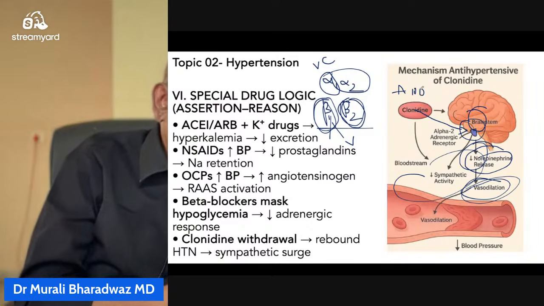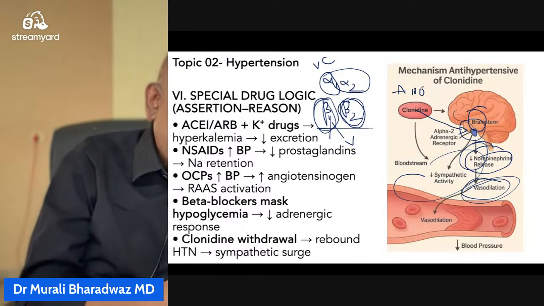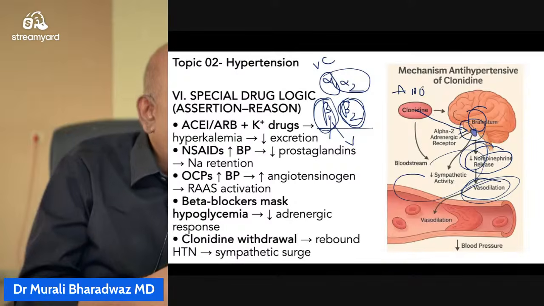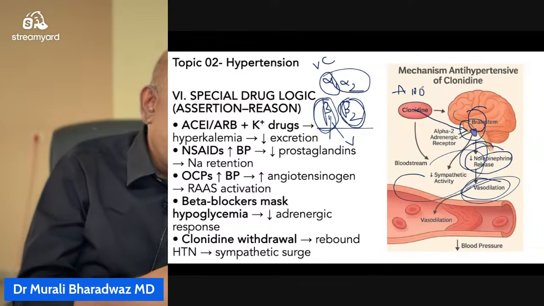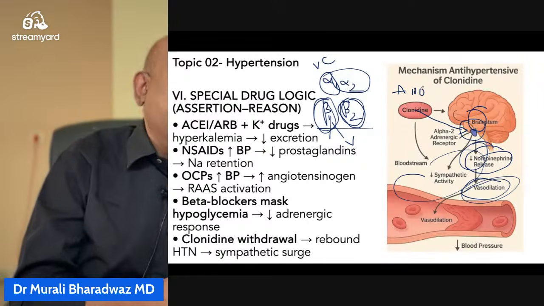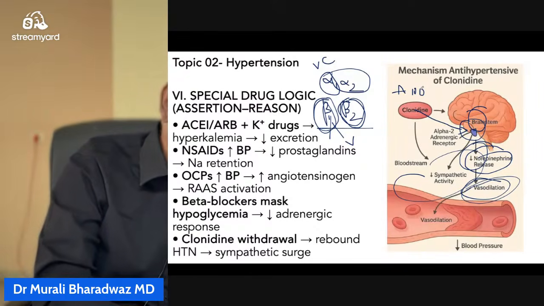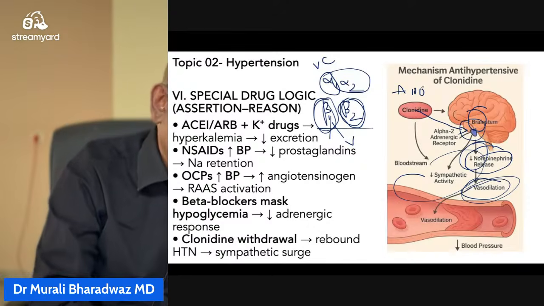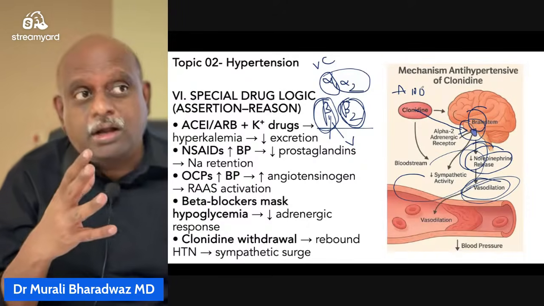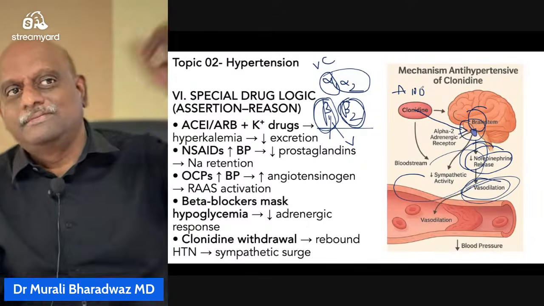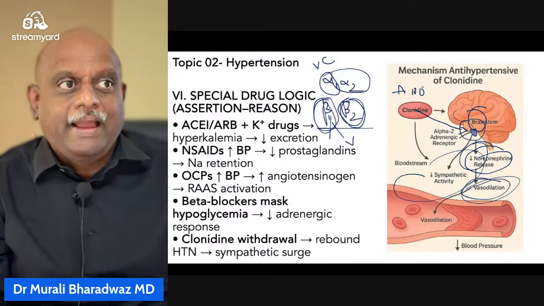First you will try with telmisartan, amlodipine, cilnidipine, metoprolol. Then if it is not resolving, you will also add a diuretic, hydrochlorothiazide. Right? Still not resolving, then you give clonidine.